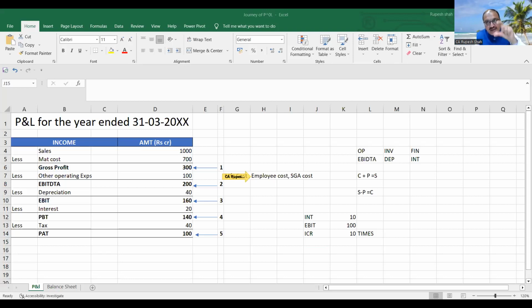If this high debt comes along with a reasonably good or high interest coverage ratio, then it tells you that optically it looks like very high debt, but the company business model is such that before paying interest, it has a very good EBIT profit available, which can take care of the interest. So it is not necessary that high debt is always bad, unless you look at the interest coverage ratio, right? It's a good question, sir.